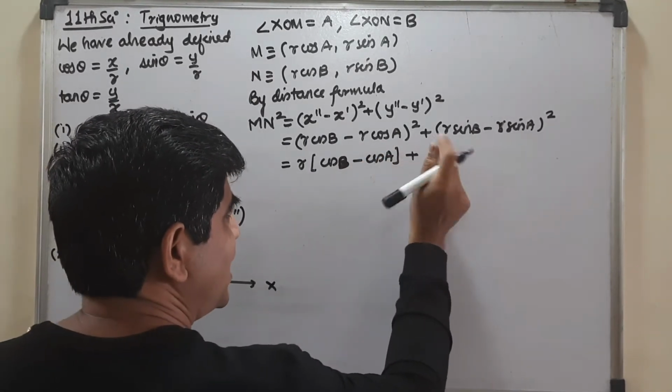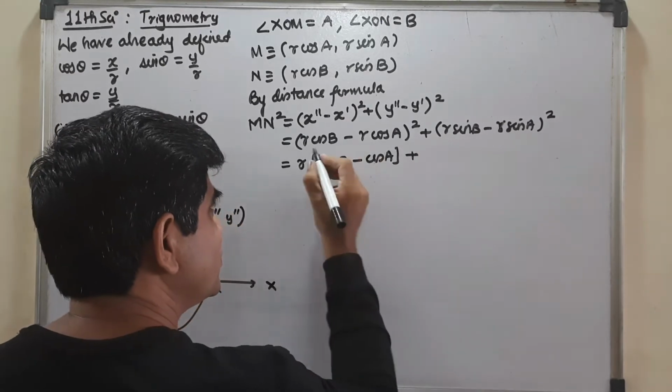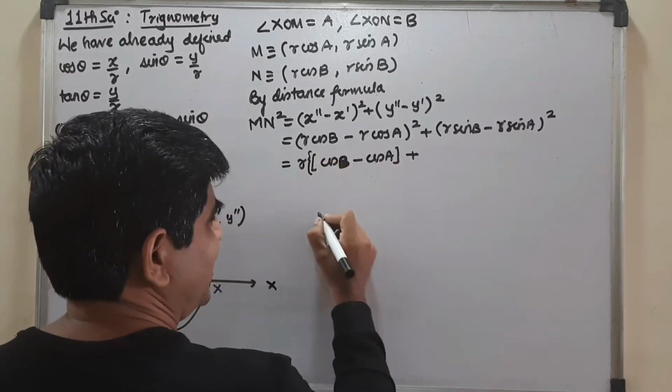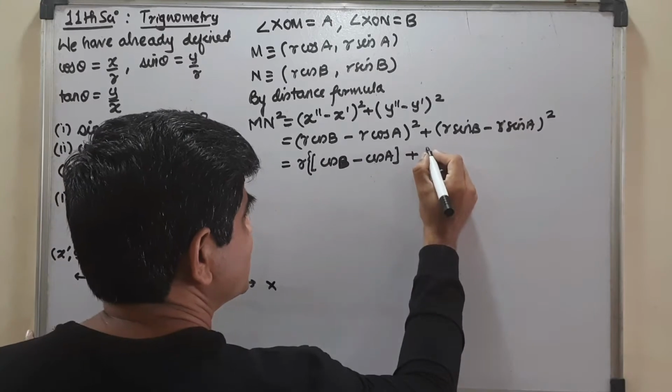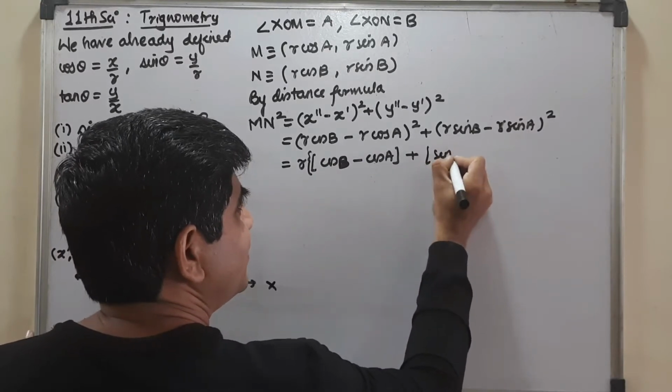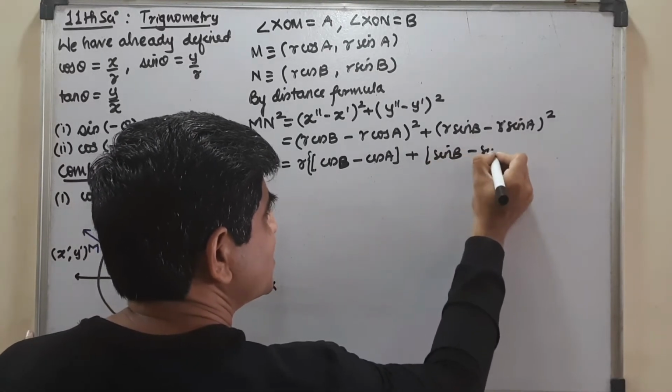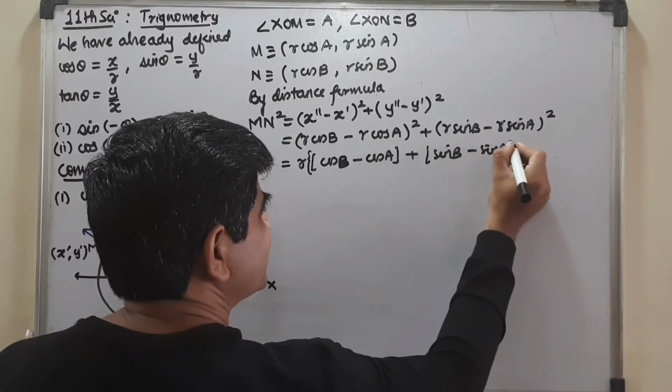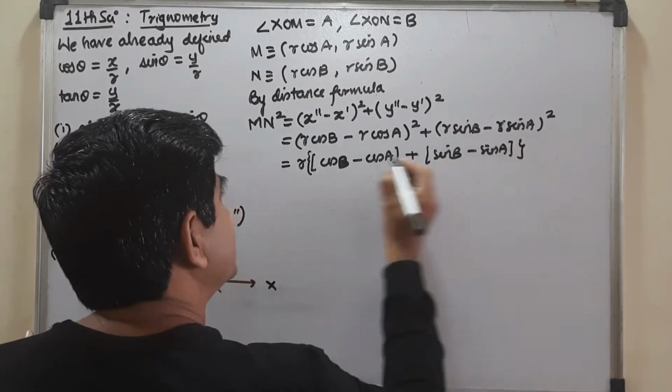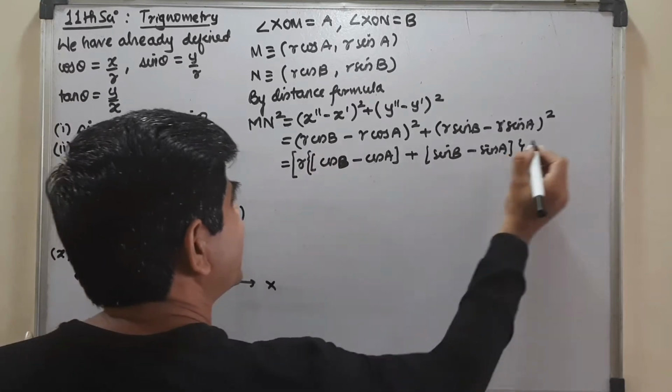And plus, the R has come common from here also, so I am putting a bracket like this also, that is sin B minus sin A. Okay, the whole is squared.